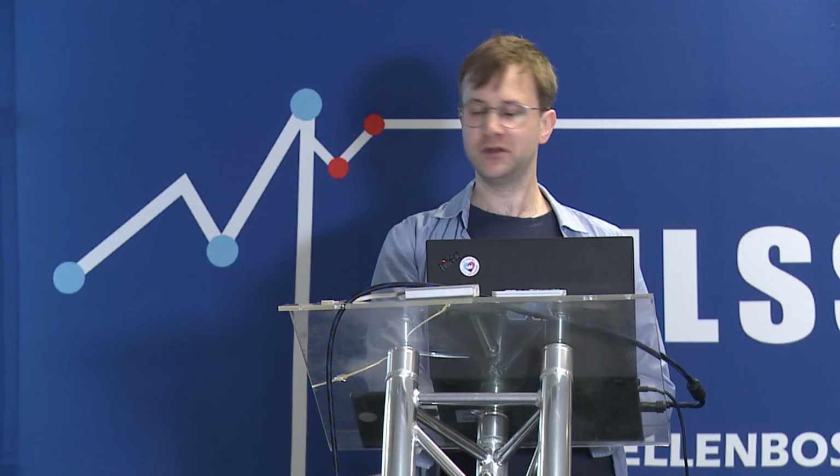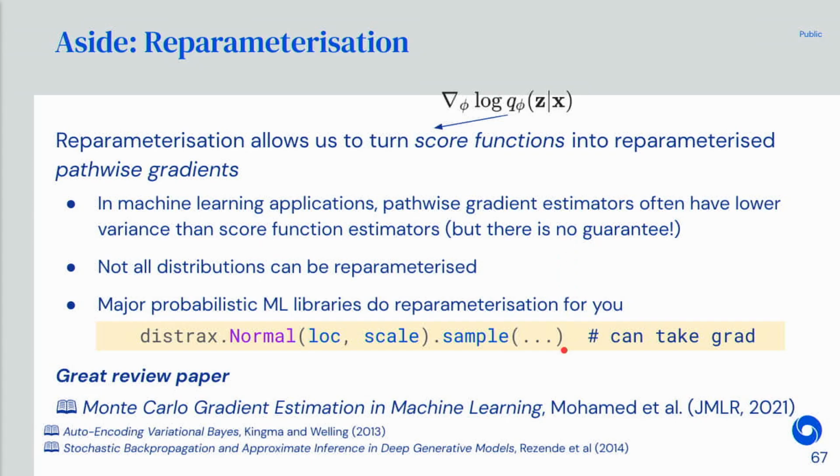So for example, if you implement a VAE in JAX, then you would sample from a normal distribution where you say, this is some mean parameter and some scale, and then I want to sample through it. And then under the hood, it does all of the reparameterization for you, and I can just take gradients through it, and I don't need to worry about doing the rescaling and everything myself. But if you wanted to implement all of this in NumPy, then you would have to be careful and do this, because otherwise you can't compute the gradients.